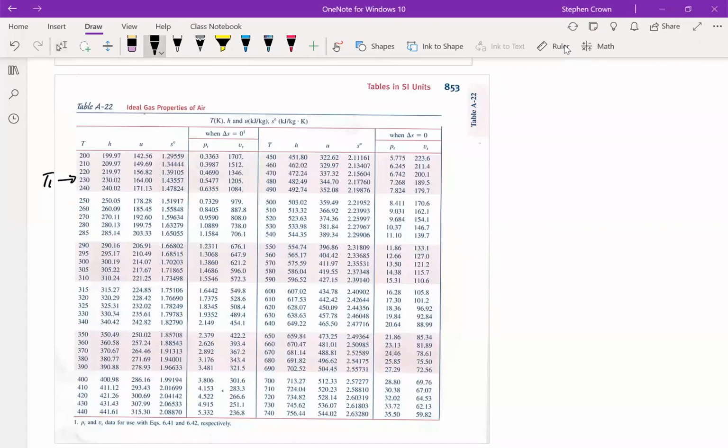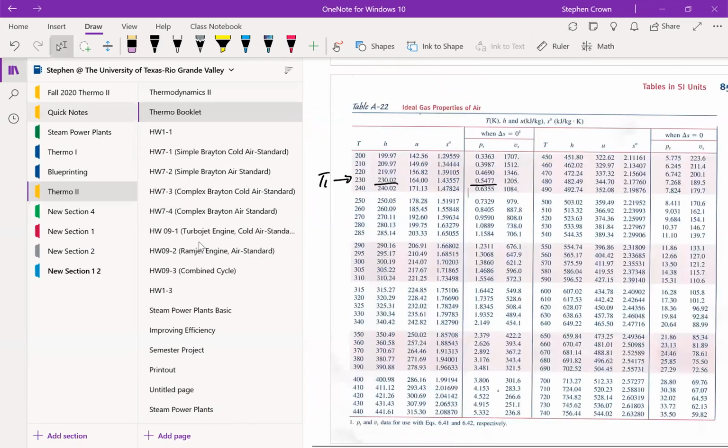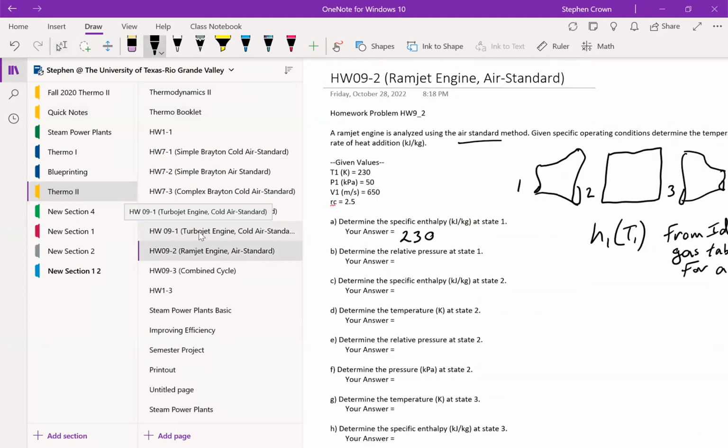T1 is given as 230 degrees. So we can find the enthalpy and Pr for state 1. So the enthalpy is 230.02 and Pr is 0.5477. So going back, H1 is 230.02 kilojoules per kilogram.